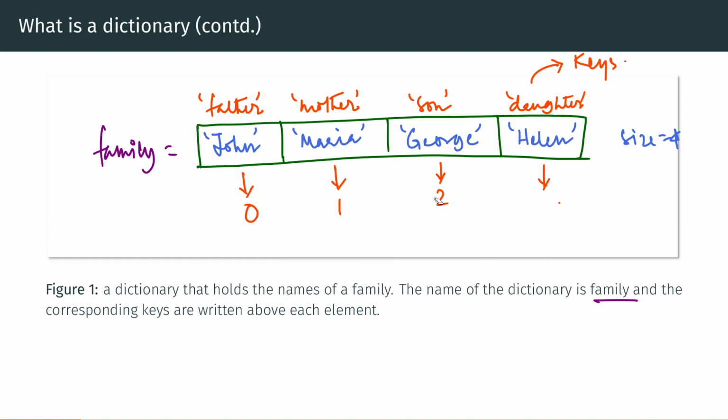Okay, there's no position. You as a user will not know how these are stored. You will not know where John is with respect to Maria, right, or relative to George. Okay, so there is no order. This is not 0, 1, 2, and 3. Okay, but instead they have keys.